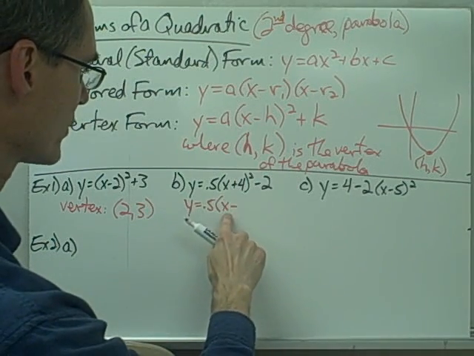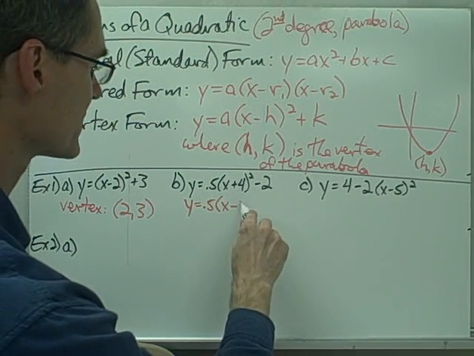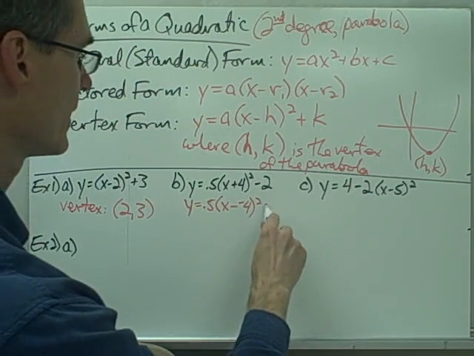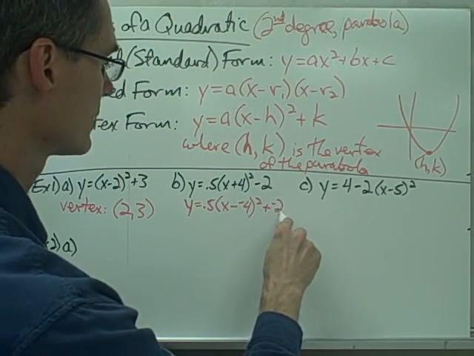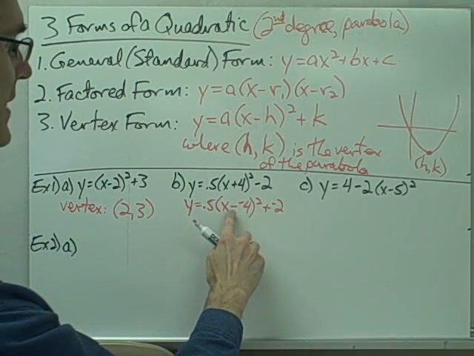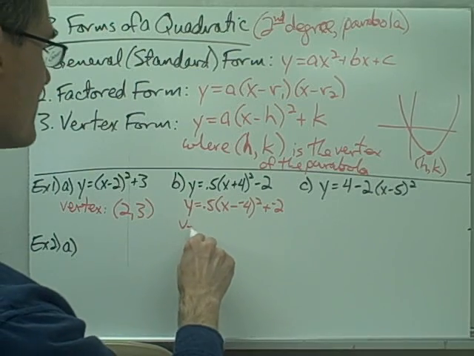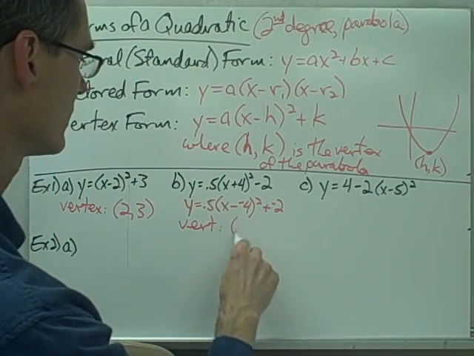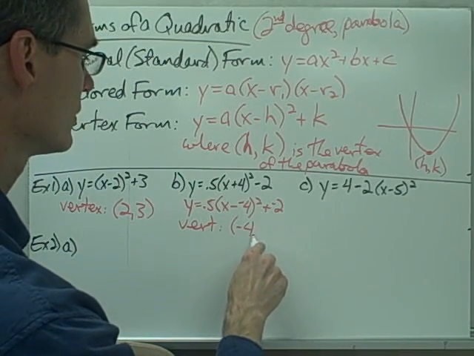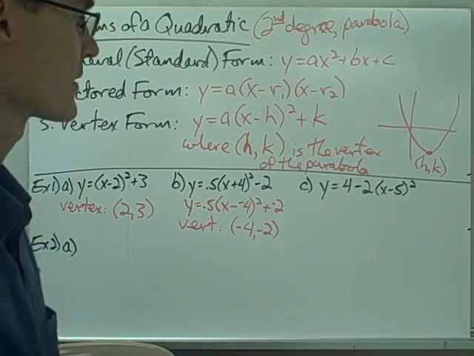And to make sure I don't change anything, I'm going to write this as x minus negative 4 quantity squared plus negative 2. Now I've got it in this form, a times x minus h plus k. Now I can see my vertex is going to be this value and this value, negative 4, comma, negative 2. Those are the coordinates of my vertex.